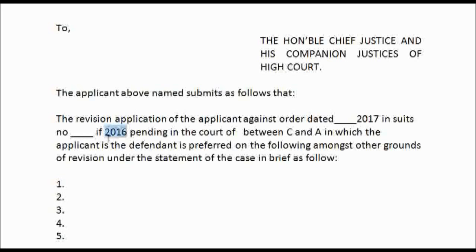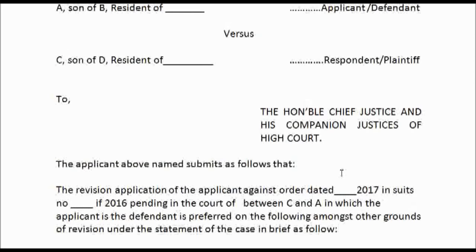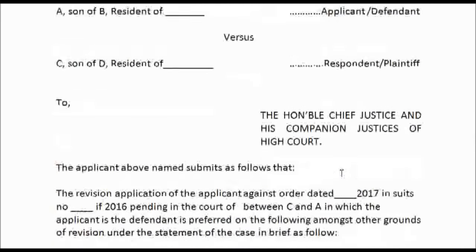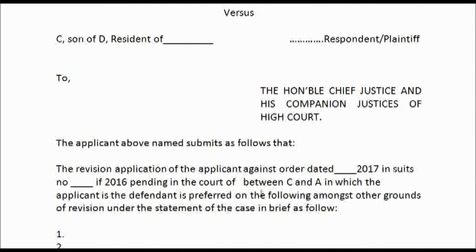I have made 2016 because once the suit is decided, then only you can file the application of revision. Or you can also file when the suit is pending but against a certain order that has been made by the court. Suit which is pending between C and A. I have taken the example of this civil revision which is not against the judgment but against the order of a suit which is still pending.